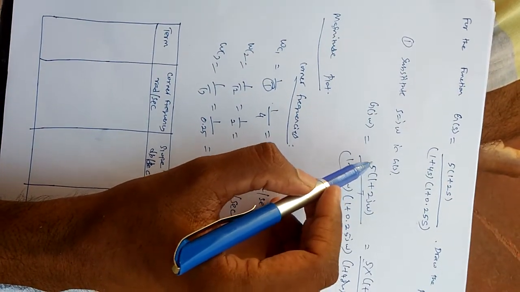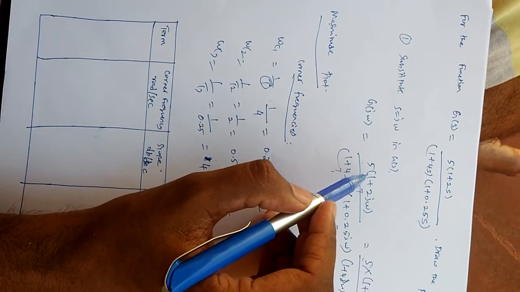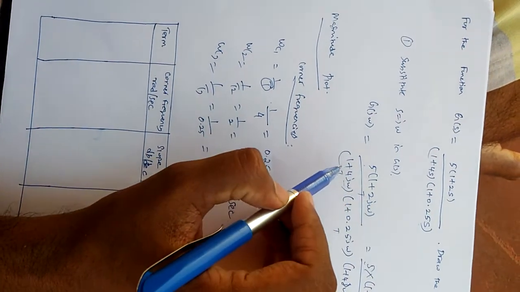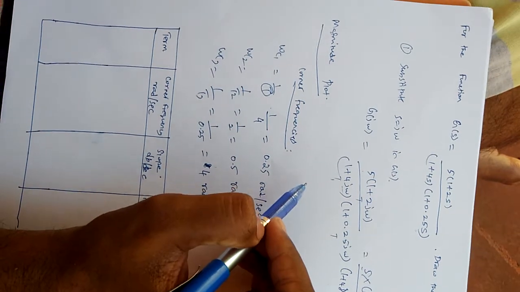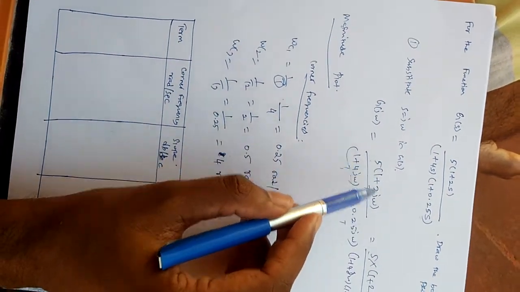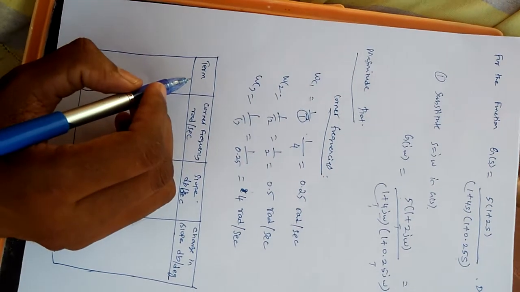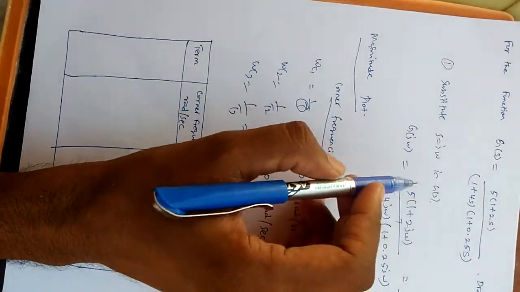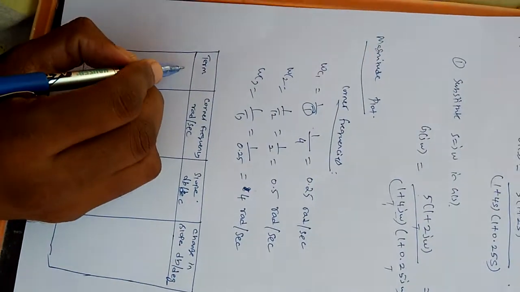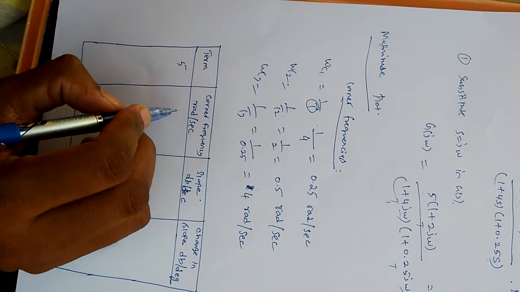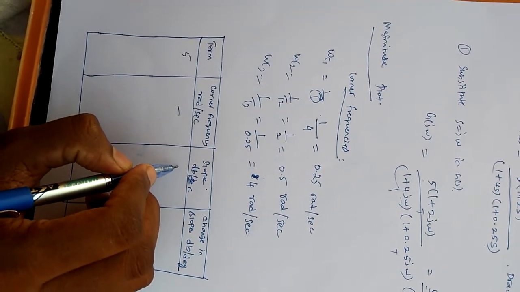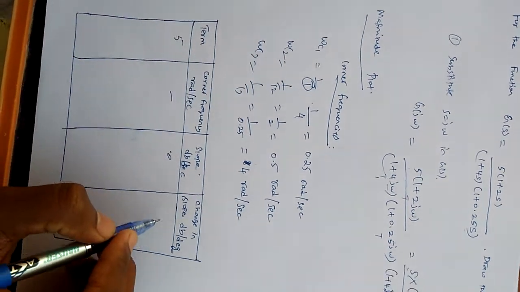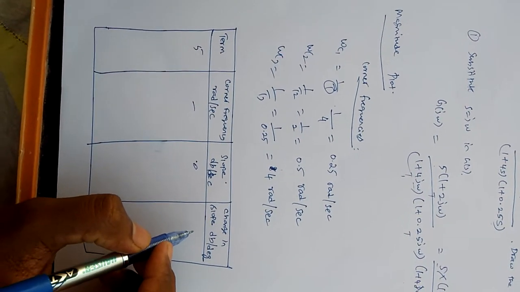The factors are either a constant, or a 1 plus j omega term in the numerator, or a 1 plus j omega term in the denominator. In the first term you should take the constant, either K, or K into j omega, or K by j omega. Here K is 5. For 5 there is no corner frequency and no slope difference, so it is 0, because it is the initial one.